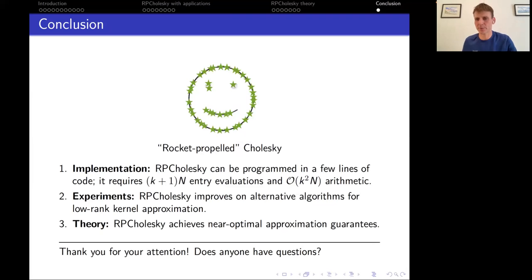So it is the best way to approximate a kernel matrix. If you want to do low-rank approximation in the context of kernel machine learning, do RP Cholesky. And we've proven that it achieves these near-optimal approximation guarantees. It's nearly an R over epsilon approximating algorithm.